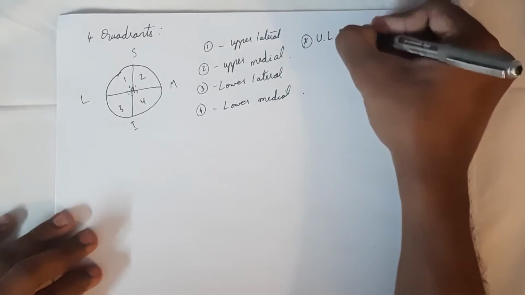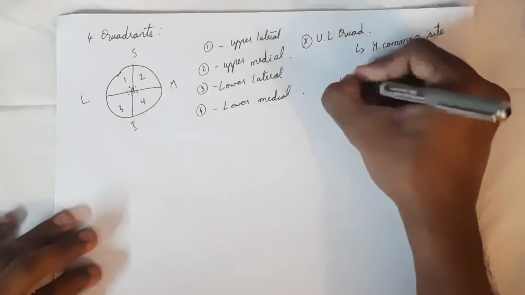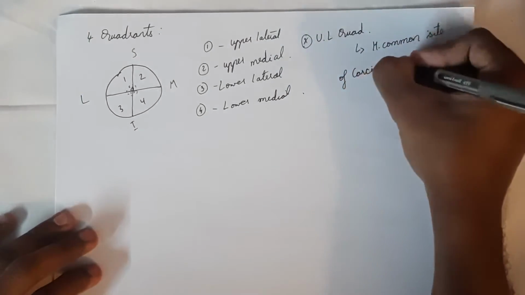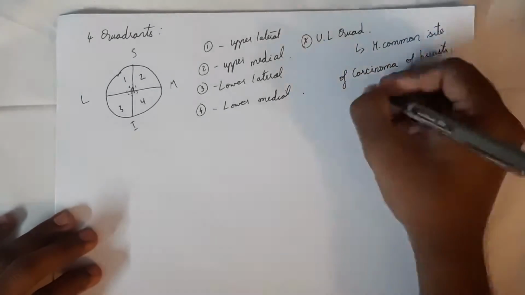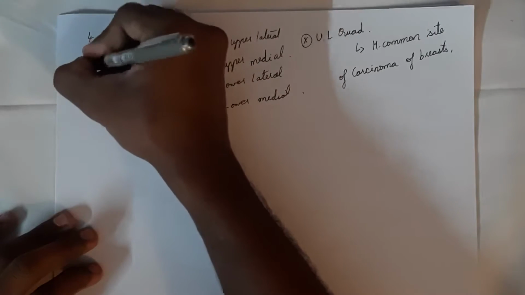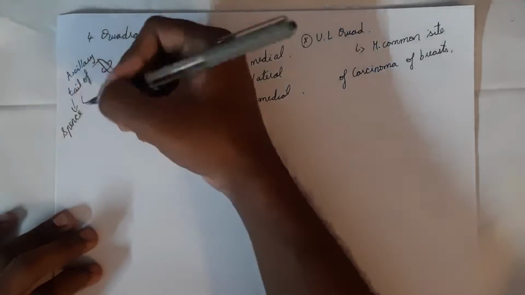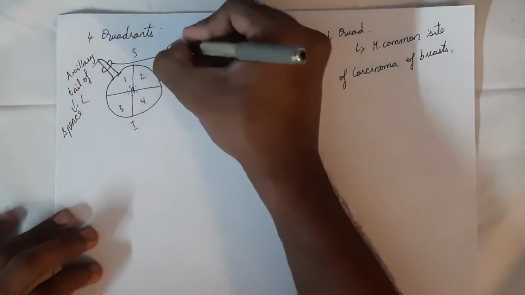Important thing: the upper lateral quadrant is the most common site for carcinoma of the breast. It is most common in the axillary tail of Spence, which passes through the foramen of Langer.